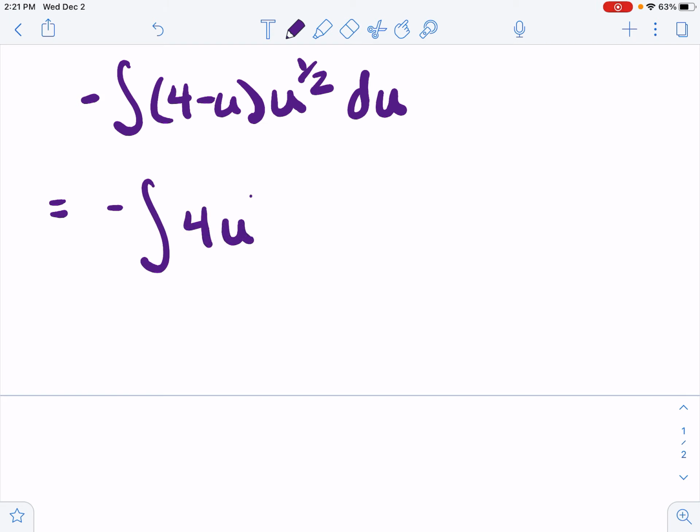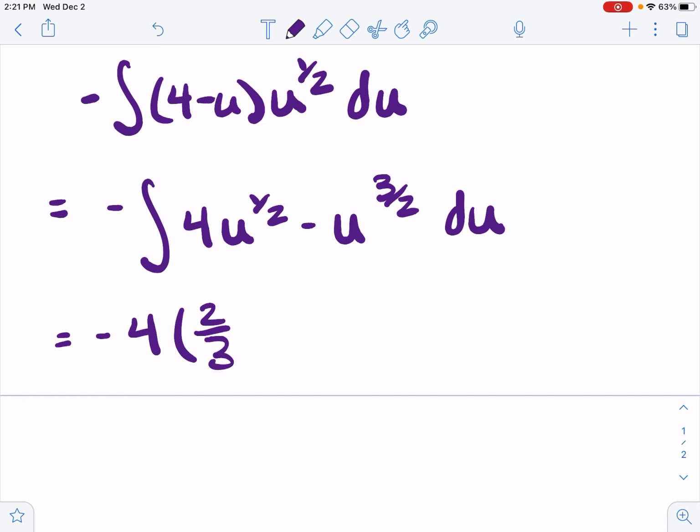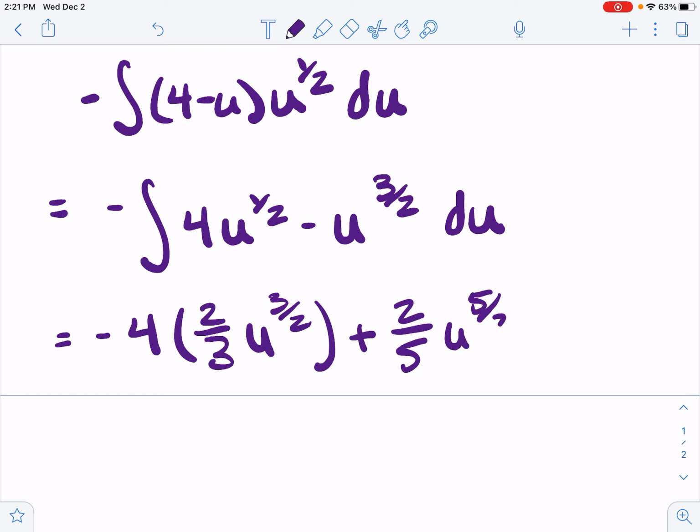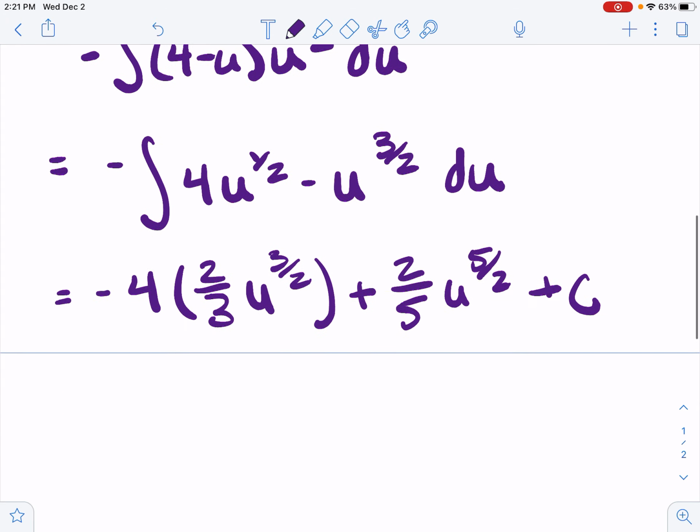So the integral of 4u to the 1/2 minus u to the 3/2 du. We use the power rule on this. The integral of u to the 1/2 is, so we've got a negative 4 times 2/3 u to the 3/2. Negative and negative is a positive, so we have a plus 2/5 u to the 5/2 plus c, and u is 4 minus x.